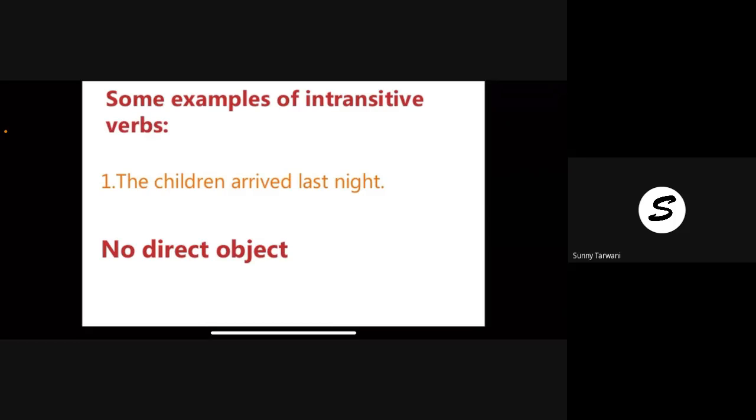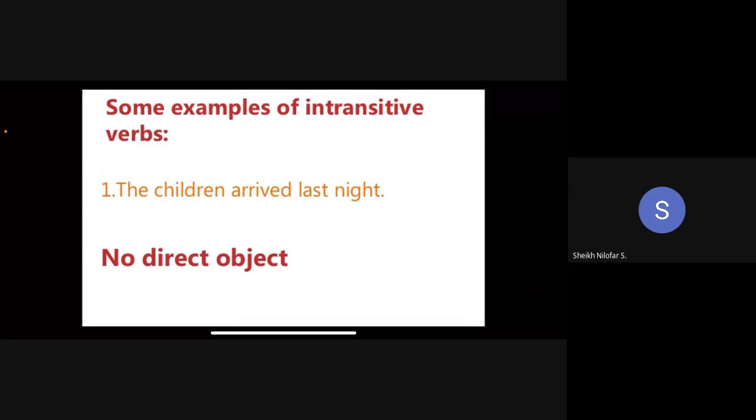No answer is given. The children arrived whom? No answer is given. So for what or whom there is no answer. There is no other question. Don't ask when, where, why. No. Only what or whom. So do you get answer for what or whom? Yes or no? No. So that is intransitive. Yes, arrived is intransitive verb because object is not there.